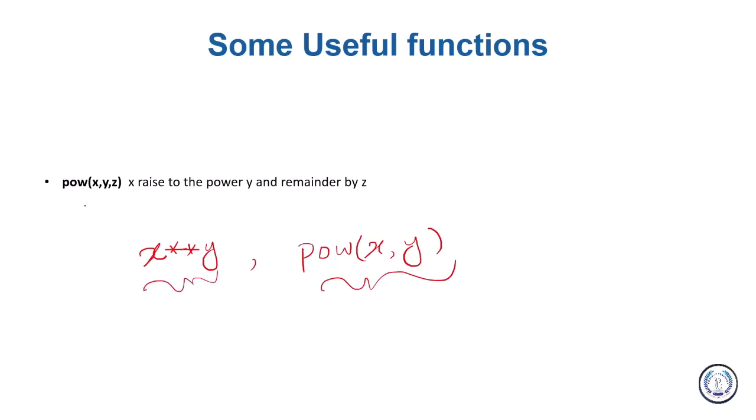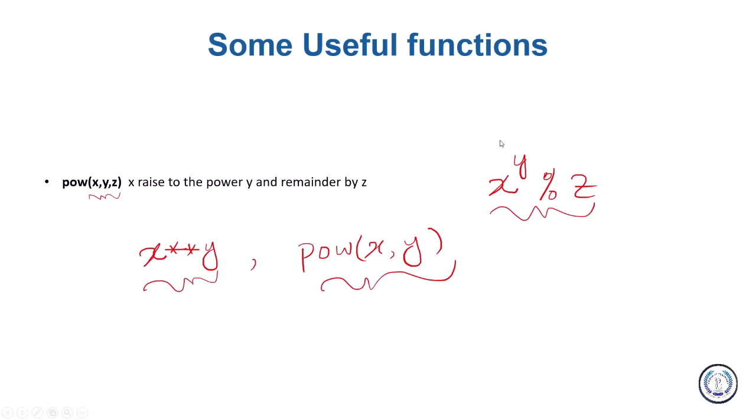But pow sometimes takes 3 arguments as well, and in that case it performs the power function in a different behavior. So for example, if you supply 3 arguments, it raises x to the power y, whatever the result is, then it takes the remainder by z and gives the result.